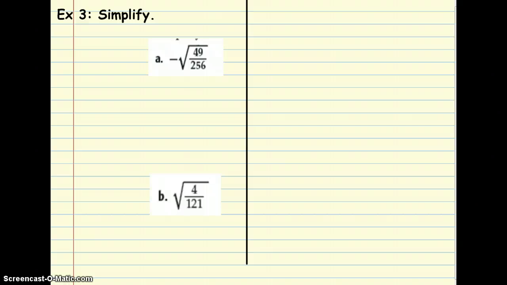All right. Next example, we need to simplify these square roots. So the first thing I need to look at here is I'm going to simplify them. Again, square roots mean what number times itself makes 49. So if we think about that, you ask yourself, well, 49 is a perfect square.